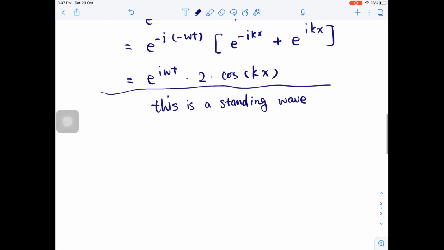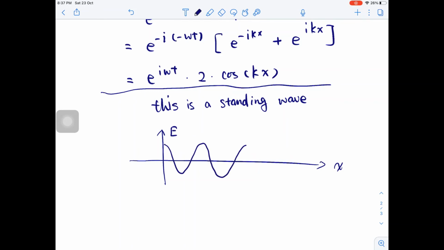If we draw a figure to describe the amplitude of the standing wave along the propagation direction, which is x, we see it forms a standing wave along the x-axis.